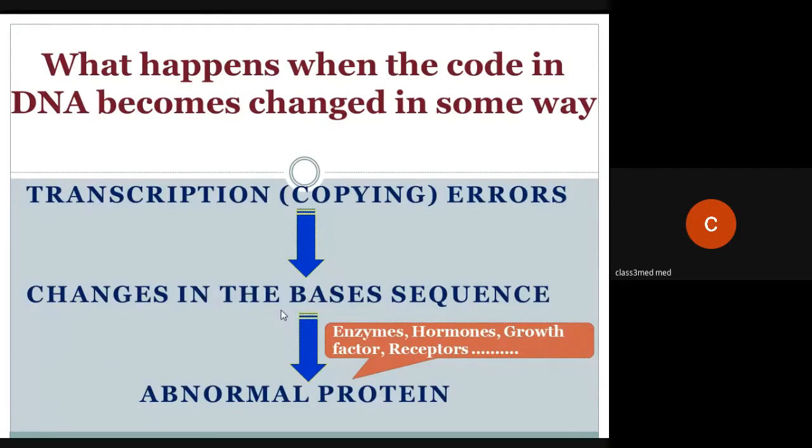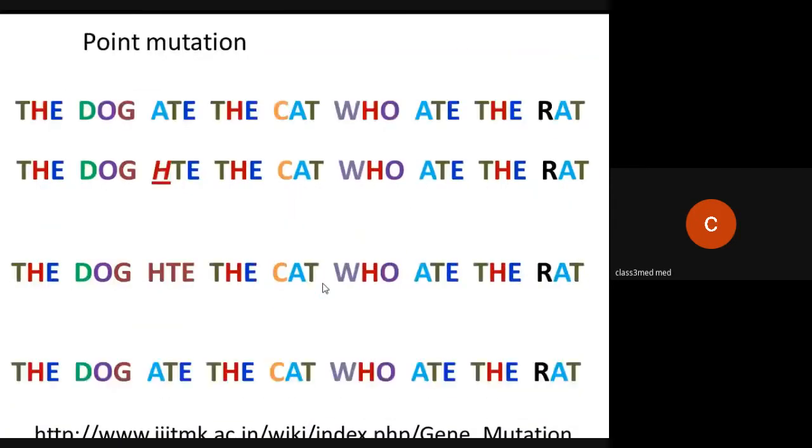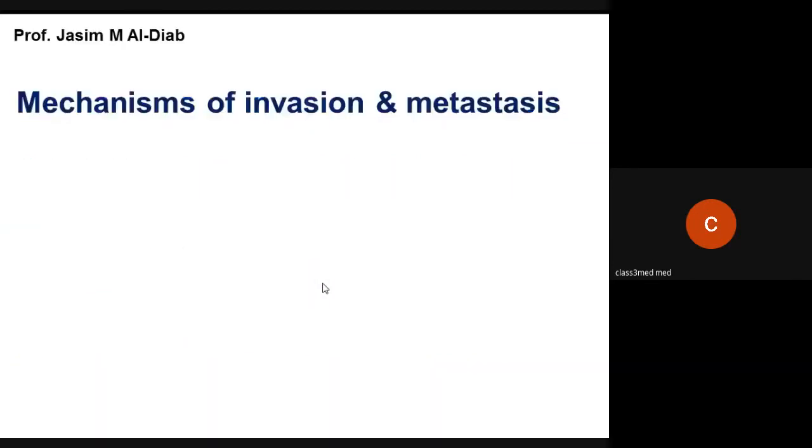Clear? Normal gene is encoding for synthesis of normal protein, and a mutated gene is encoding for the synthesis of abnormal protein, also mutated protein, they call it oncoprotein, we will come to it later. And these proteins could be enzyme, could be hormone, could be growth factor, could be receptor, all of these we call proteins. And you should all know this about mutation.